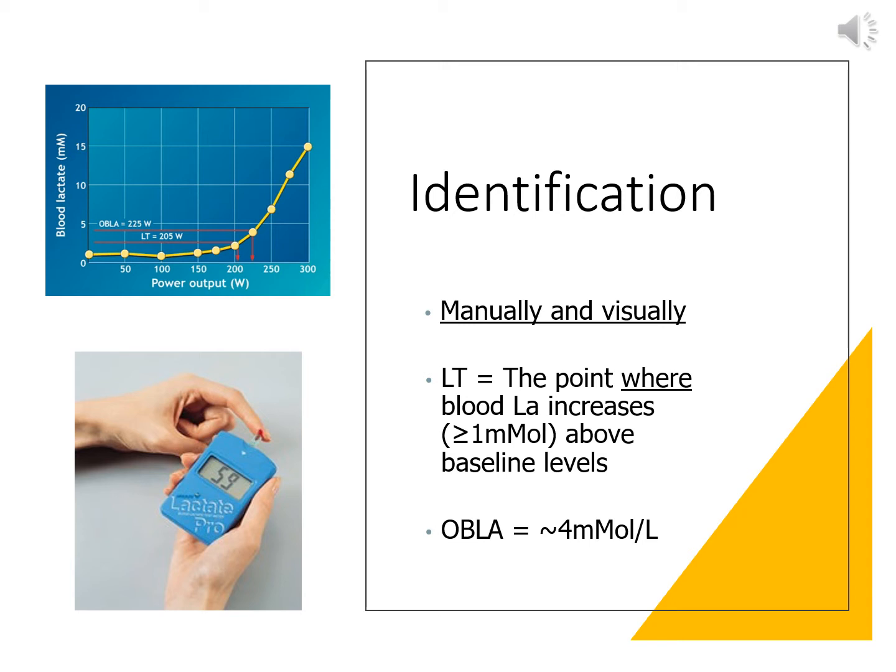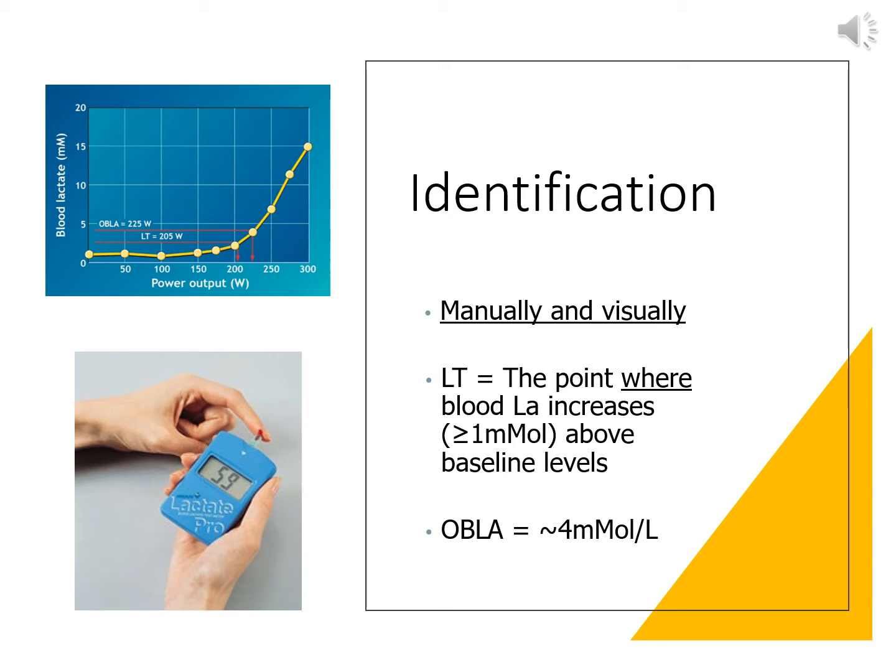With lactate threshold, it normally means that we've started to accumulate some lactate in the blood, but we're in a range where we can continue and maintain the exercise intensity as long as we don't increase it drastically. When we're working at OBLA, we're usually expecting that we can only maintain that exercise intensity for less than an hour if we were staying at or just under OBLA. So we're accumulating blood lactate, but at a level that can be maintained.